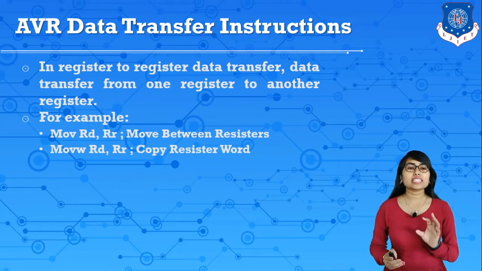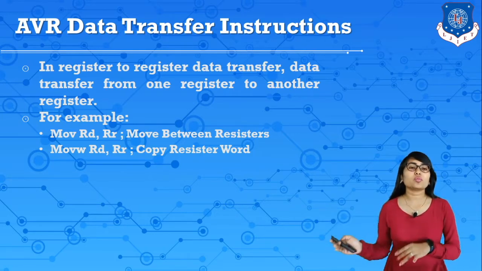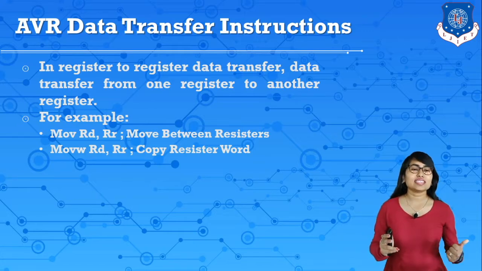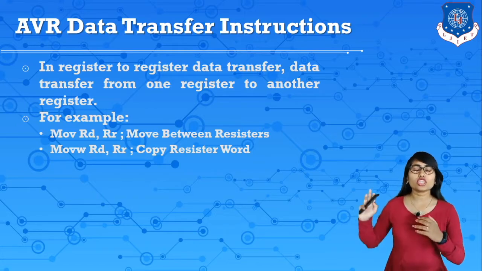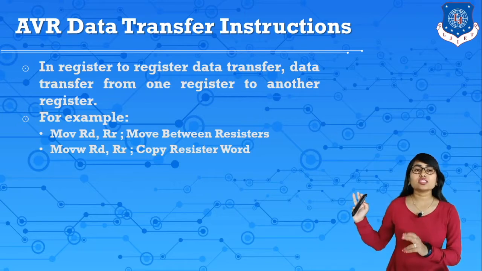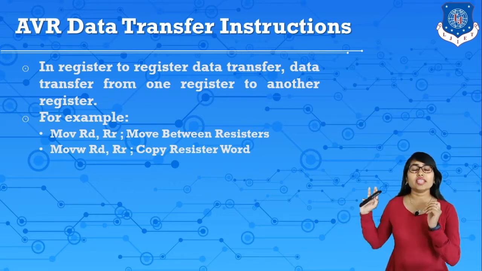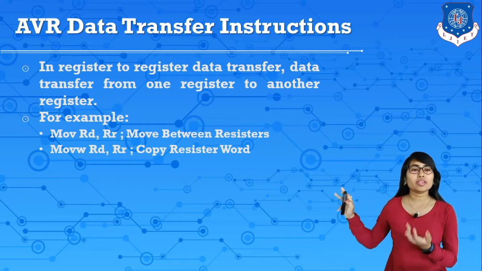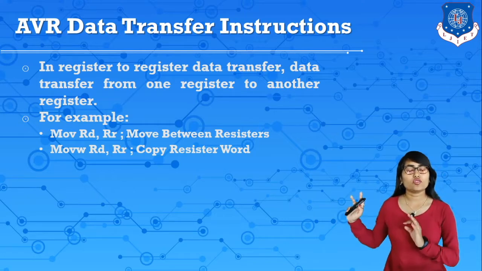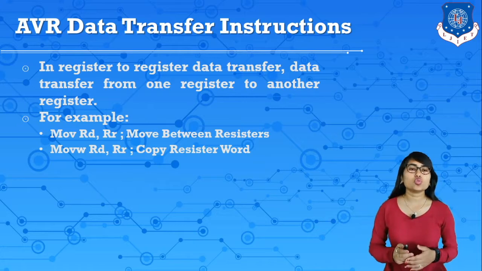These are 8-bit registers, and data of RR, that means the source, is transferred into the destination, that is RD. Remember, data of RR is copied into RD. So RD is equal to RR.